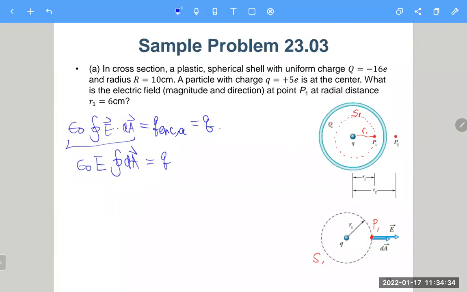And the integral of dA is nothing but 4 pi r squared. So we have E equals 1 over 4 pi epsilon naught times q, which is 5 e, over r squared.